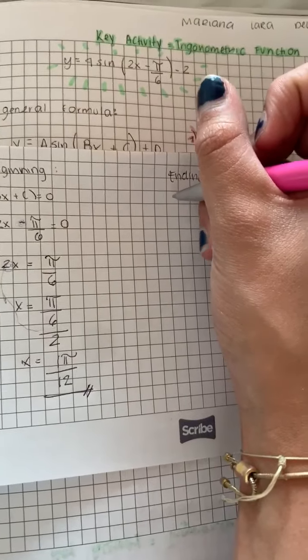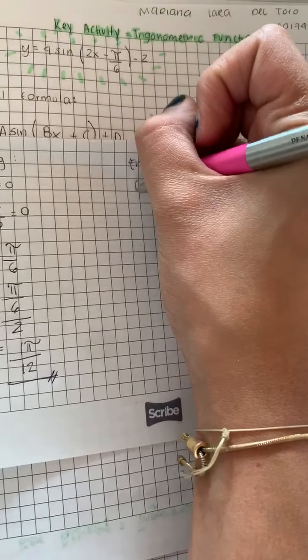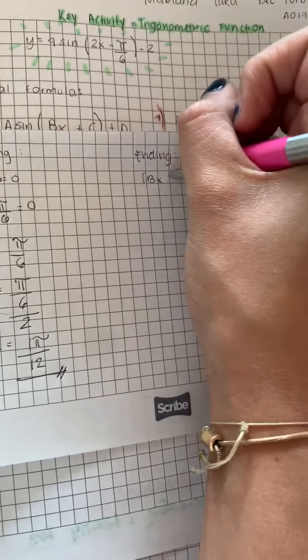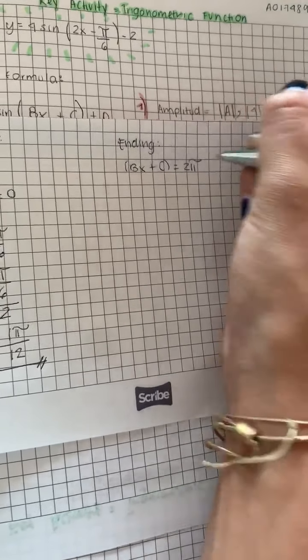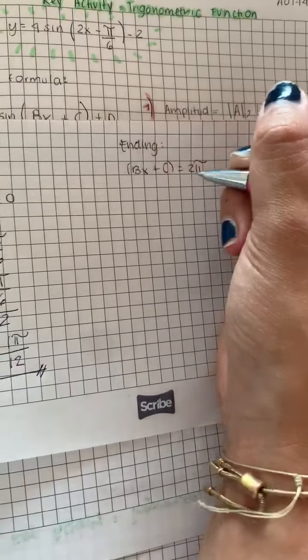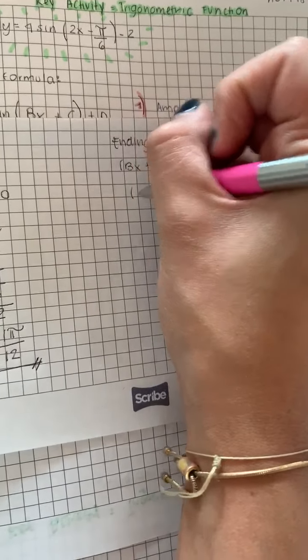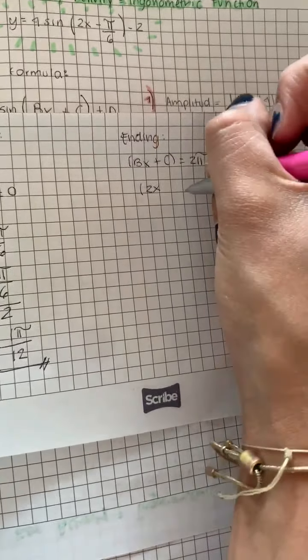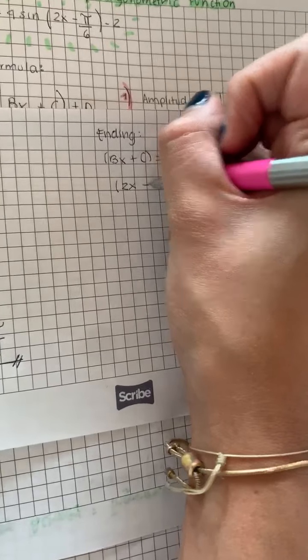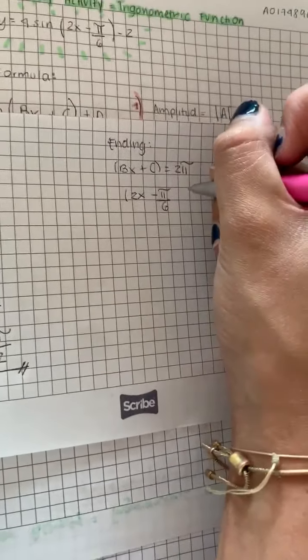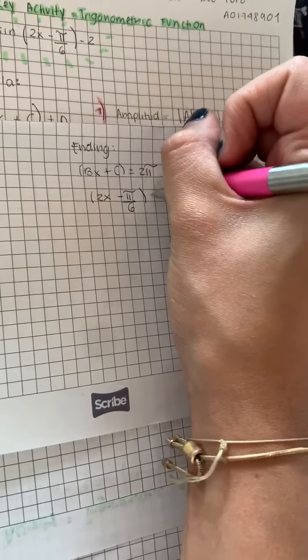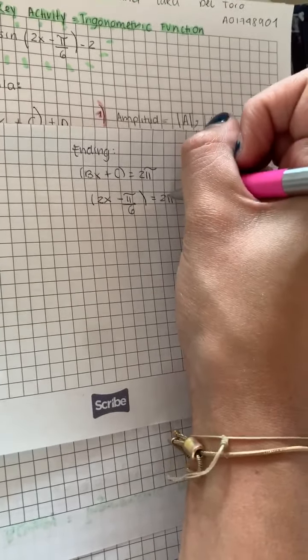You're changing values from your formula, which is bx plus c equals 2 pi, and you're changing it to parentheses 2x minus pi over 6 close parentheses equals 2 pi.